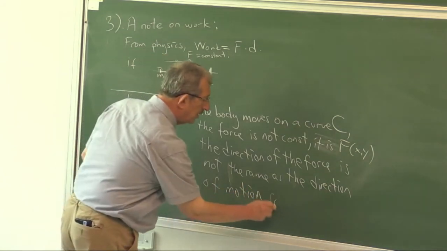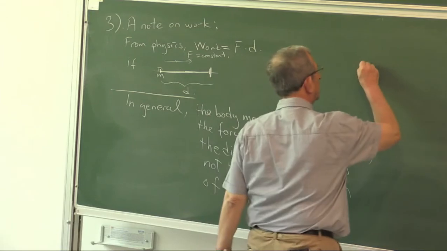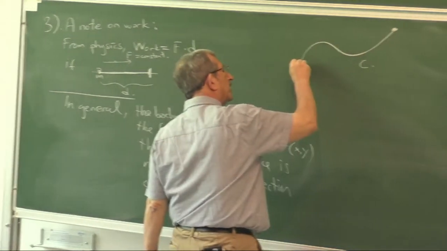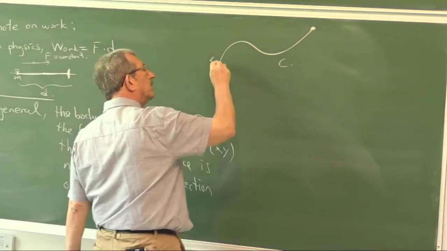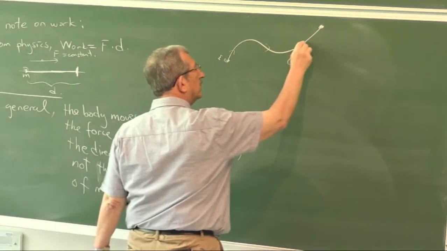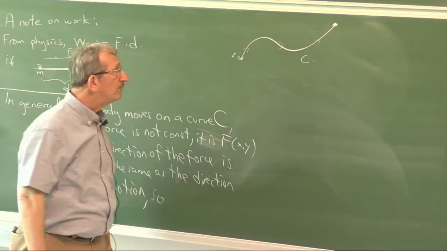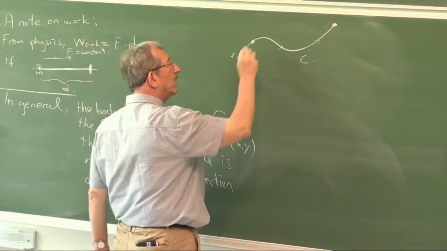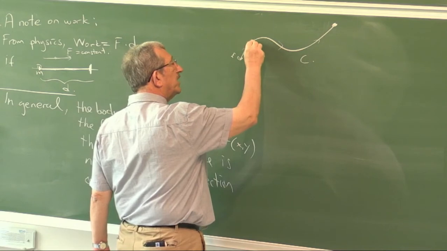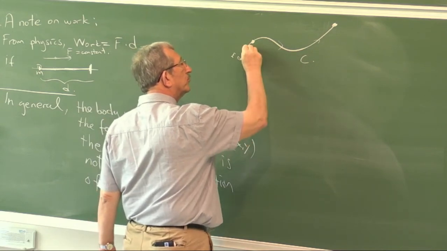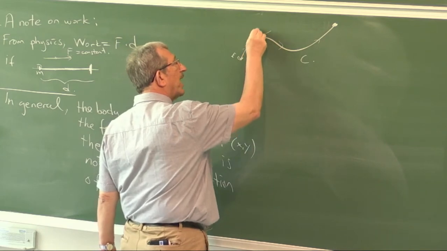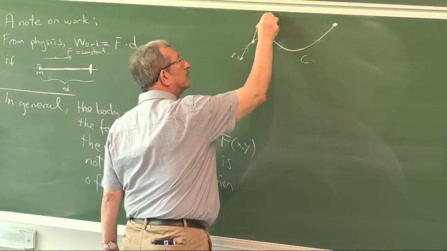So, we have the following picture. We have a curve, C. We have a body moving on the C. At some point the body is moving, of course, we have a tangent here, and we have a force.